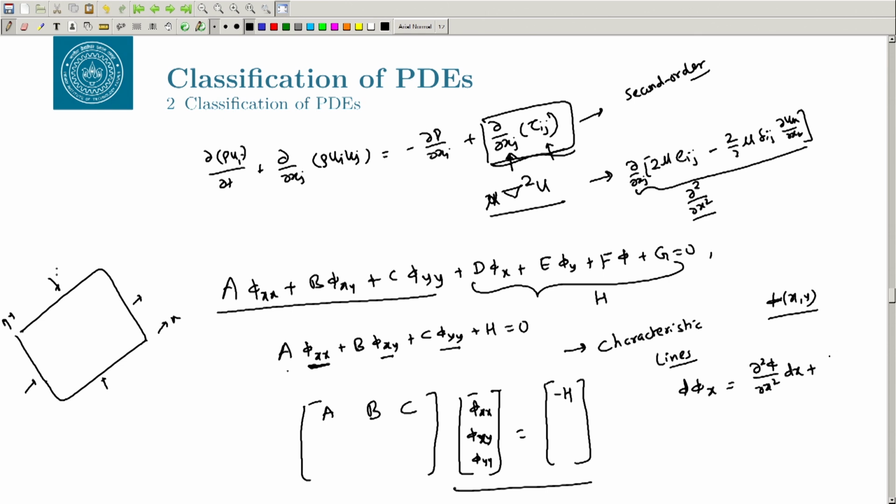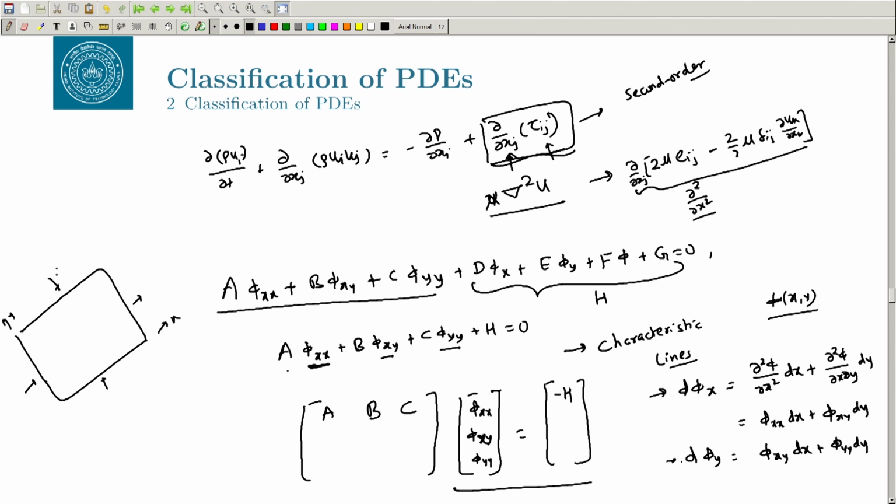Plus del 2 phi by del x del y into dy. So this is phi_xx dx plus phi_xy dy, and that will give you d phi_x. Similarly, d phi_y will be phi_xy dx plus phi_yy dy. So we got two more equations using these definitions.